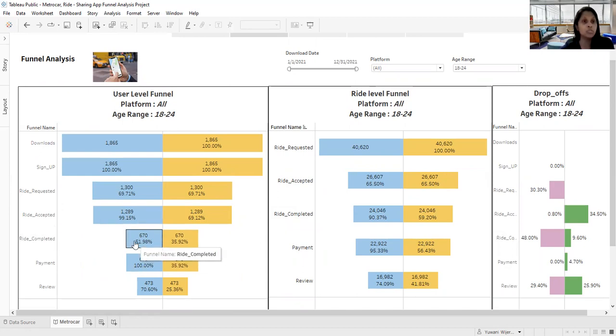To improve this conversion rate, I recommend optimizing the user experience, increasing driver availability and responses to user ride requests, and building clear communication between passengers, drivers, and the app builders.